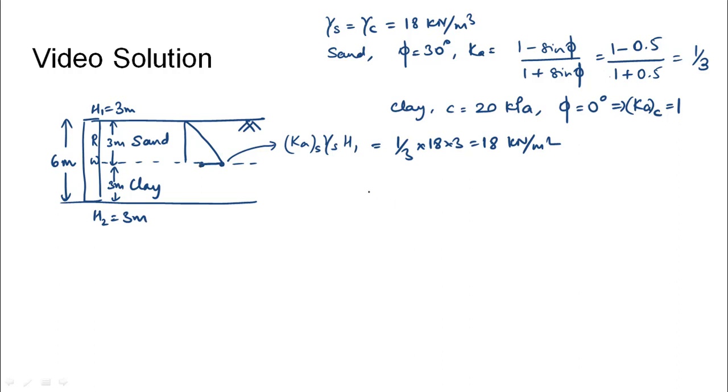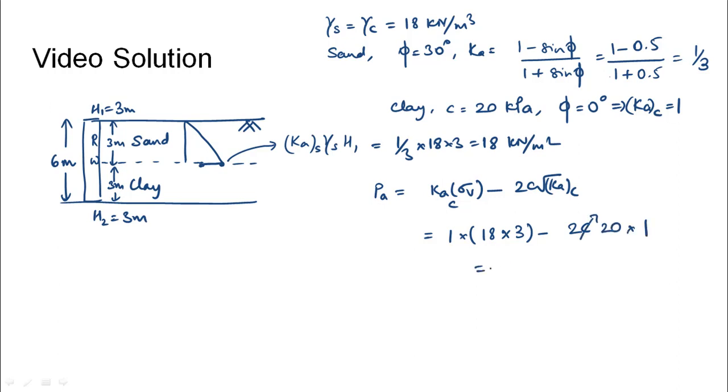So that would be determined by active pressure, which is Ka into the vertical stress at the point minus 2C root Ka. Here the Ka will be taken for clay. So this would become 1 into the vertical stress, that would be 18 density into the height 3 minus 2C, where C will be 20 and Ka is 1. So this would give the value to be 14 kilonewton per meter square.